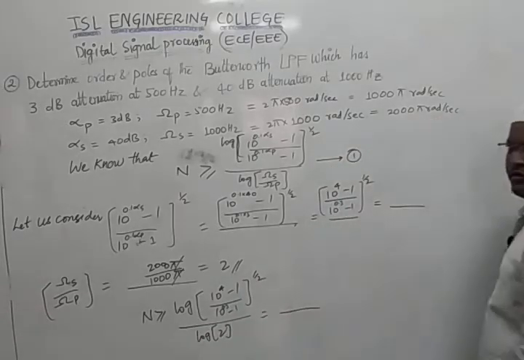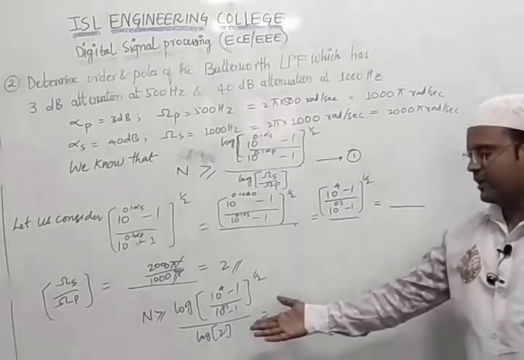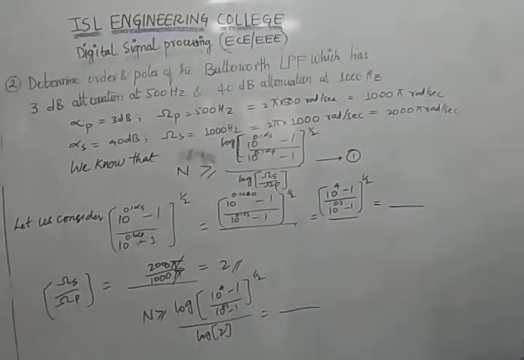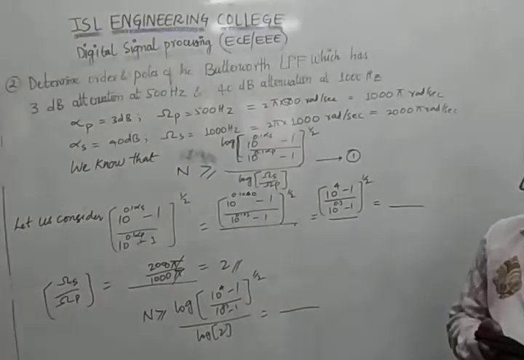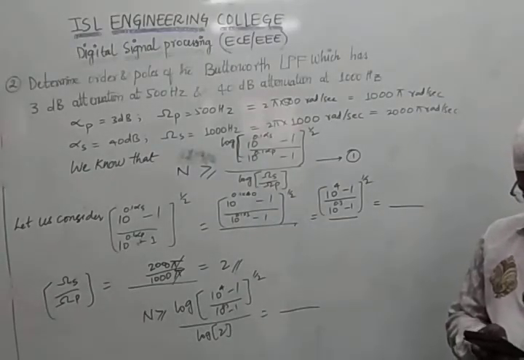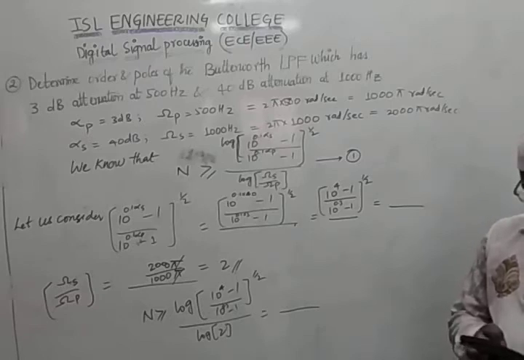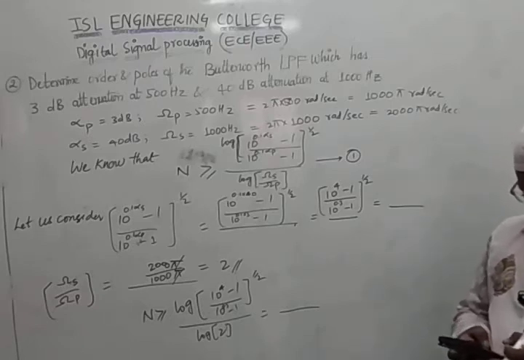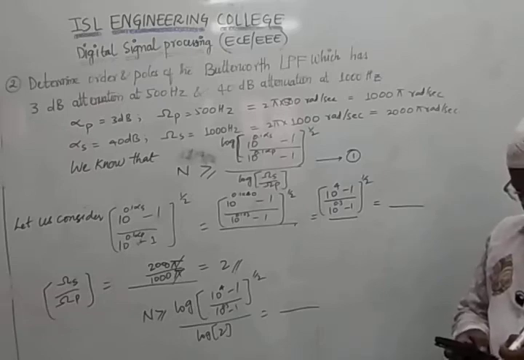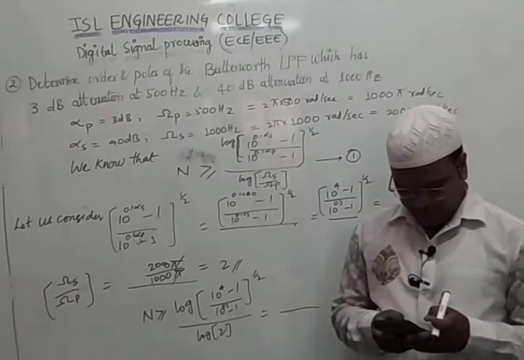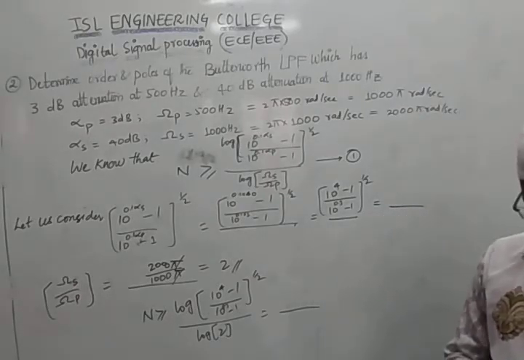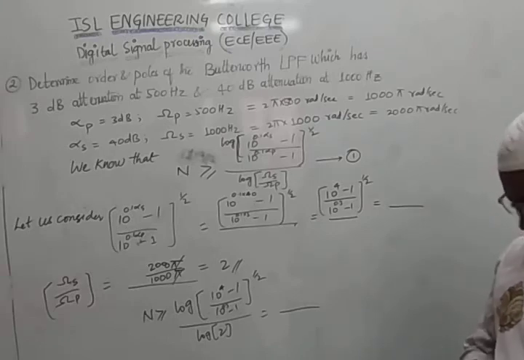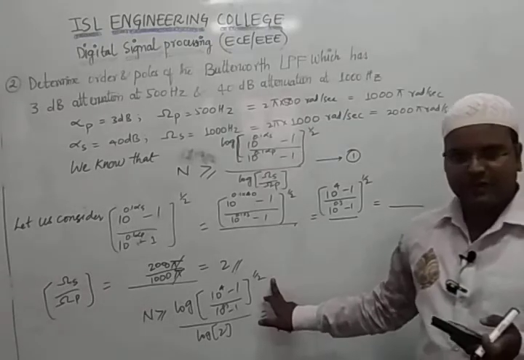I directly put it in the calculator. 10 power 4 is 10,000, so 10,000 minus 1, divided by 10 power 0.3 minus 1, whole factor power 1 by 2, divided by log 2.